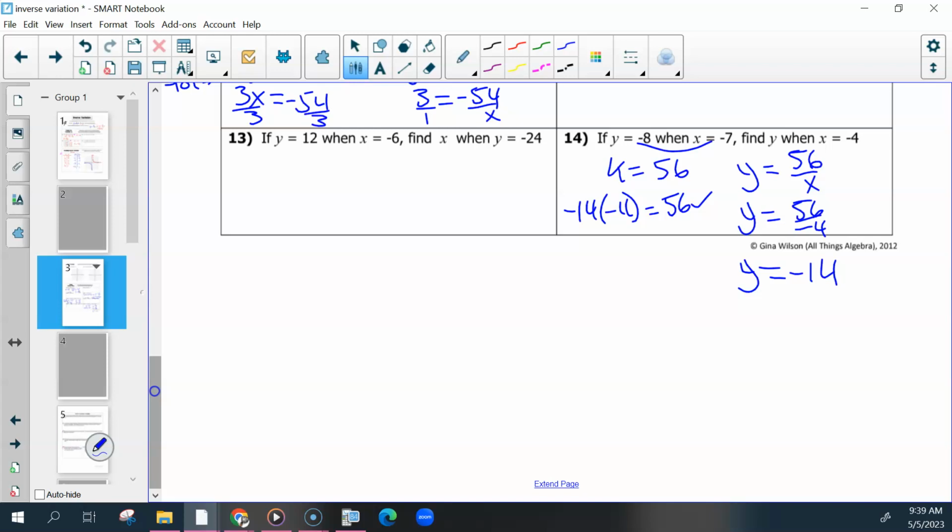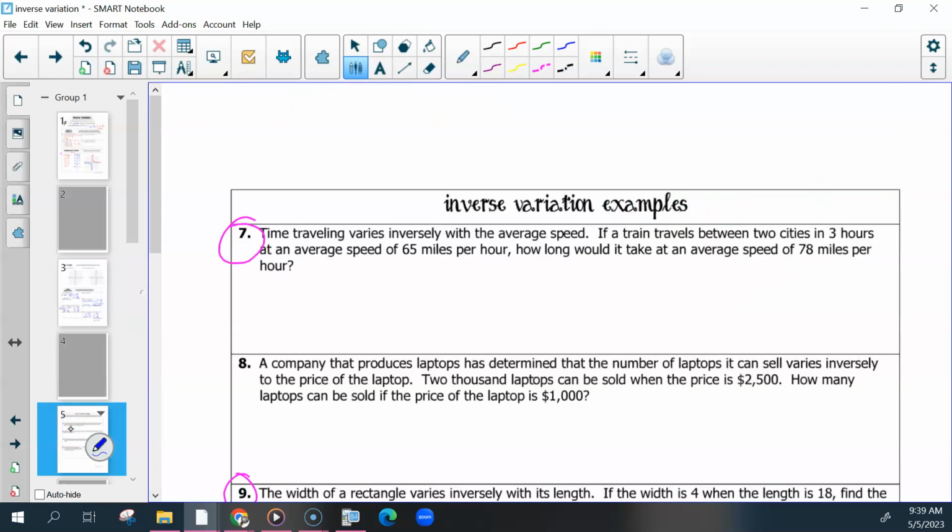On the next page, I don't have this up here, but I know you have the box up here. If direct goes up and down together, what do you think inverse does? The opposite. So as one goes up, the other goes down, or vice versa.